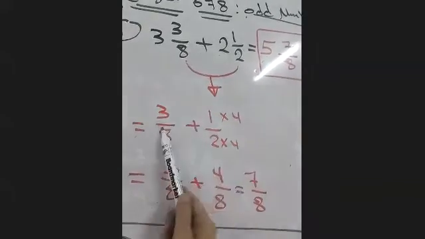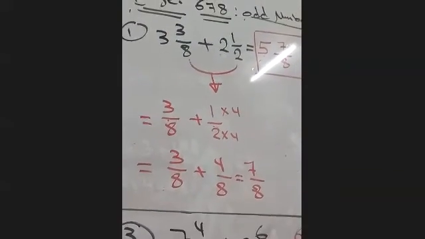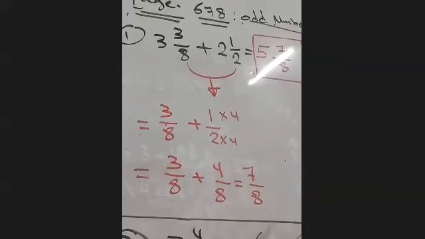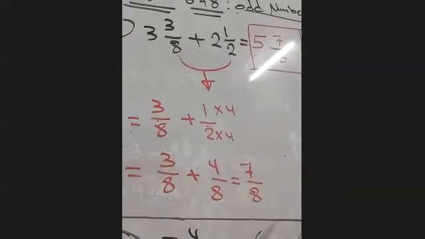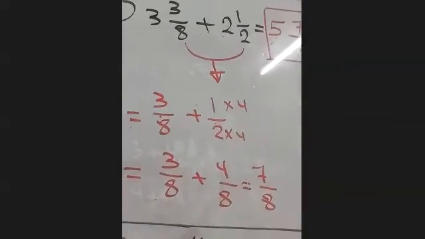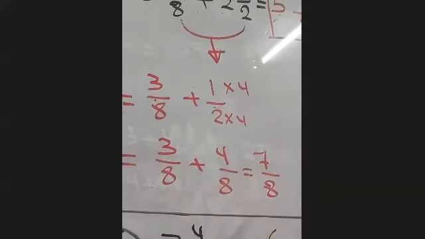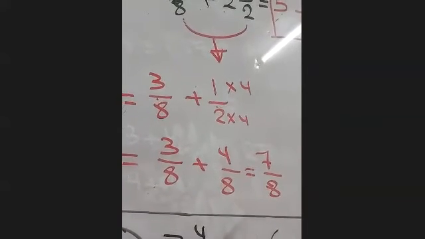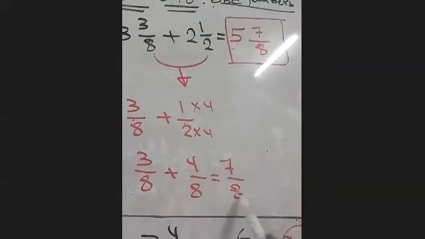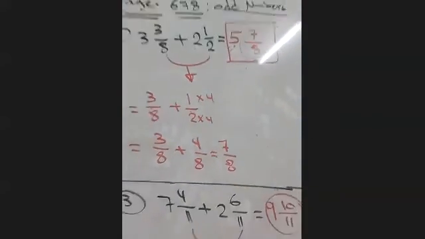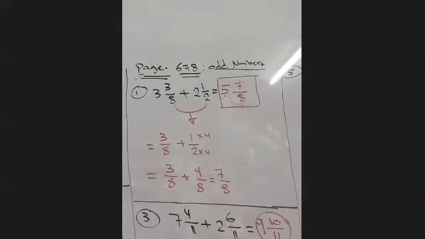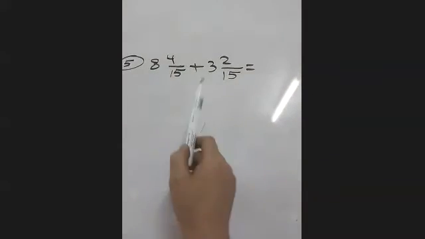Now we take the fractions and add them. Do you know how we add the fractions? Yes. Okay. The answer, we put it beside the whole number which we added first. Is this difficult? No.